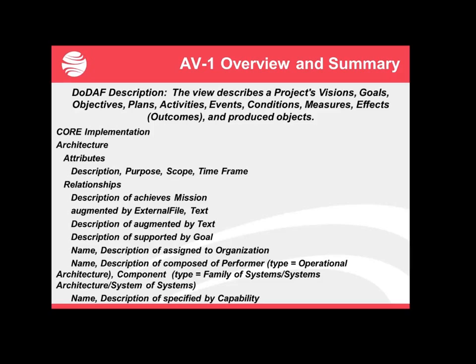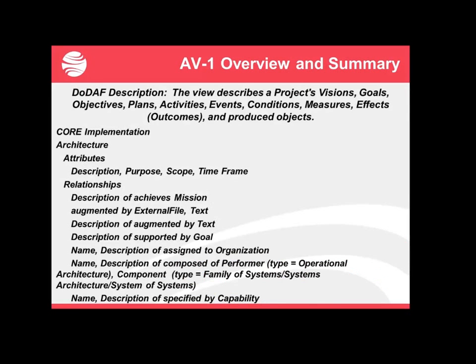If the architecture is supported by any goals, those will be identified, along with any organizations that are assigned to the architecture, any performers that the architecture is composed of, as well as any capabilities that the architecture specifies.